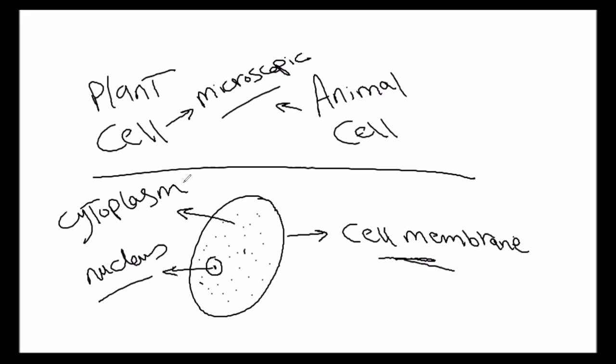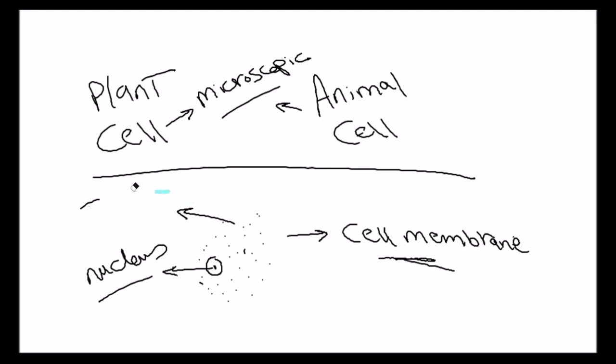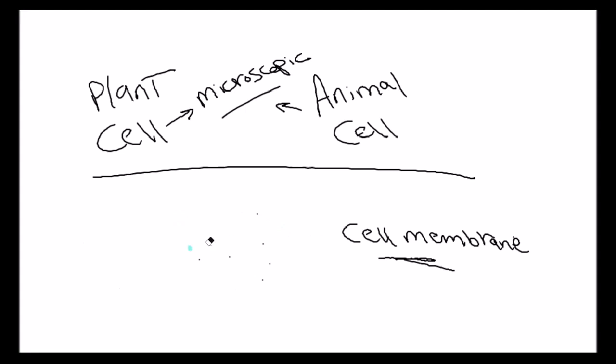Okay, so as I said, there is a jelly-like liquid called cytoplasm inside the cell, okay? So those are the main things that both plant cell and animal cell share, okay? Okay, now let's differ between them. Let's make a difference between them. Let me take off everything I drew here.